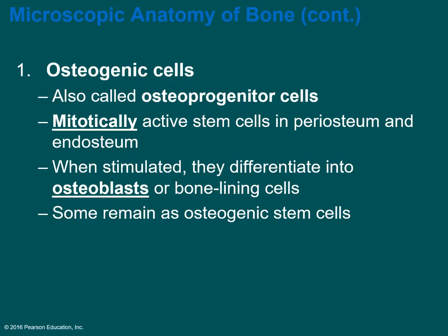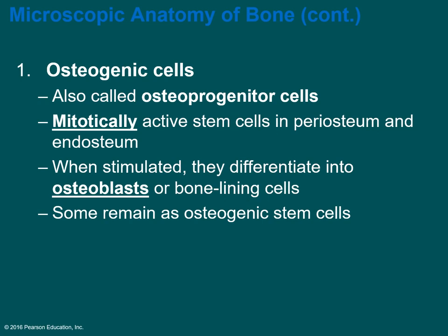The osteogenic cells, these sometimes are called the osteoprogenitor cells. They're very active going through mitosis. Remember, I've already mentioned those just a few slides back when we were talking about the periosteum and the endosteum, saying that you have these osteogenic stem cells. They are the precursors to all of the other cells.